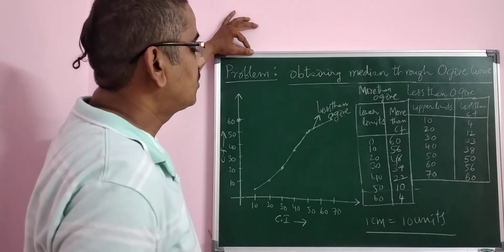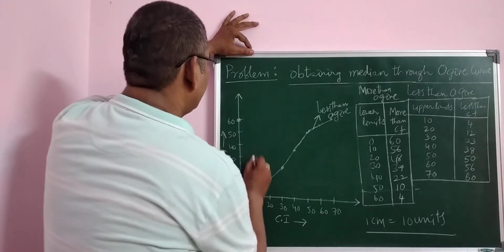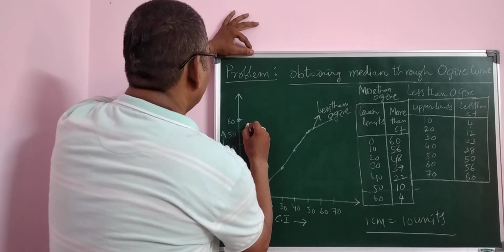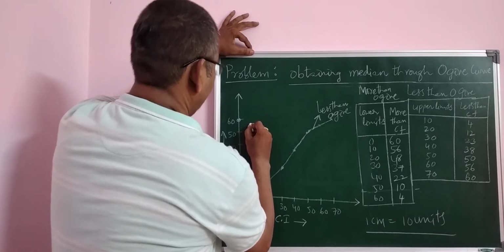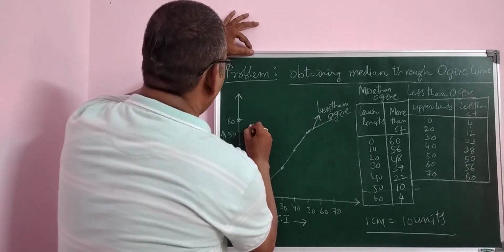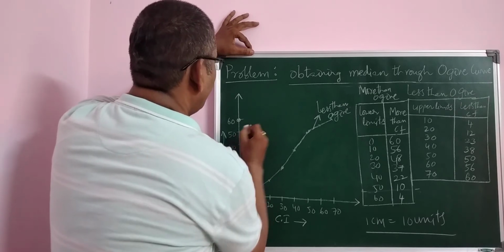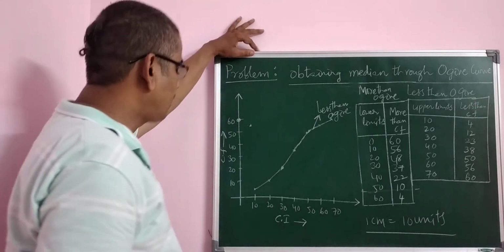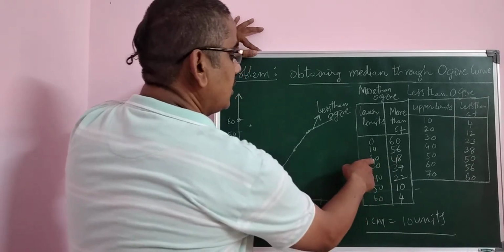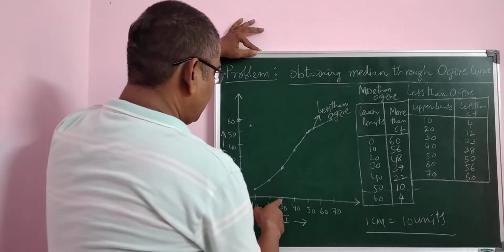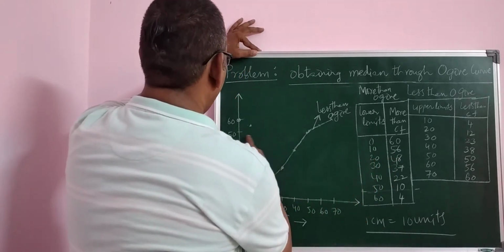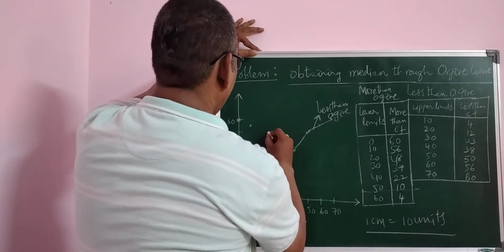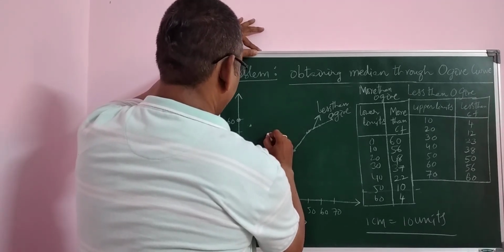And 56 against 10. I am making the point here. And then 48 against 20. 48 just below the 50.